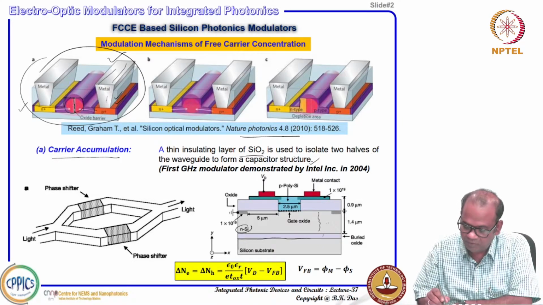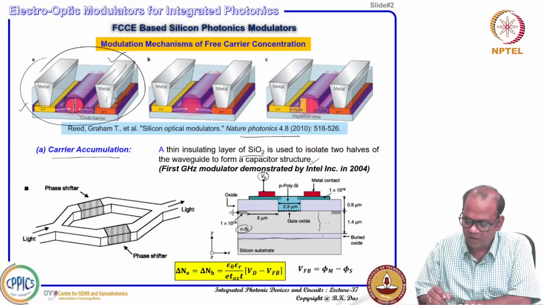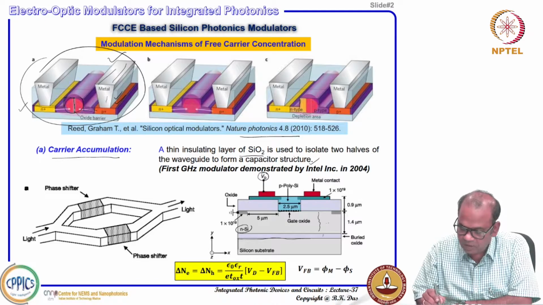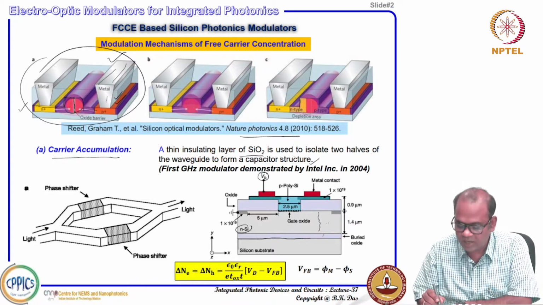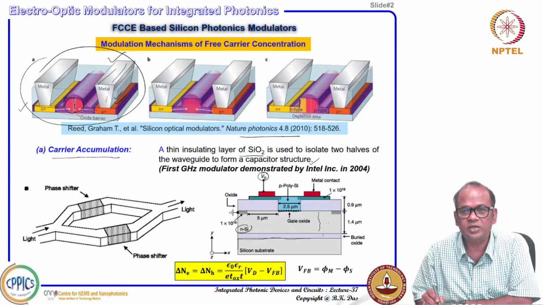Then you can make a contact with a metal here, and on both sides you can apply a voltage. Depending on the voltage, positive or negative, you can have charge accumulation on both sides of the gate oxide. One side will be positive charge, another side will be negative charge accumulation.